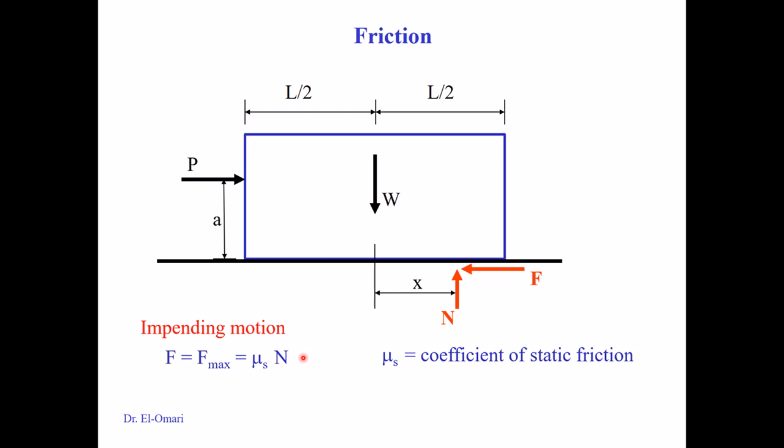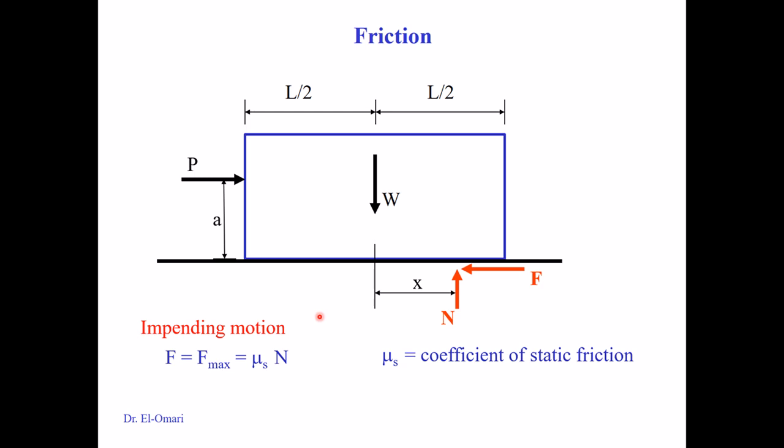This maximum force depends on the types of material and surfaces in contact, represented by the coefficient of static friction mu(s), and the normal force, which is subject to the weight of that object.